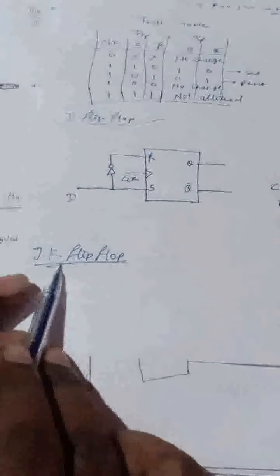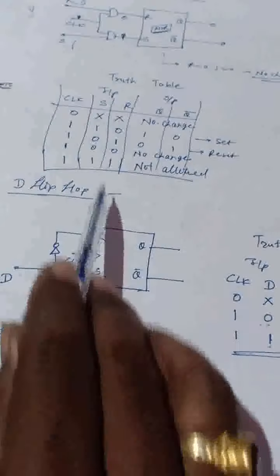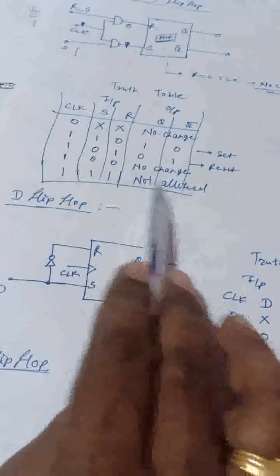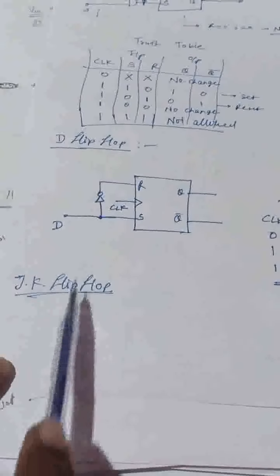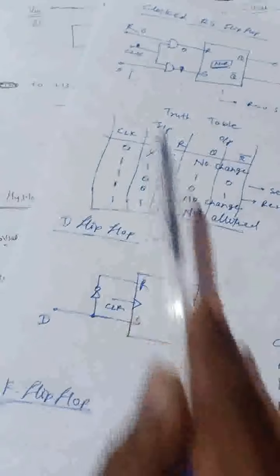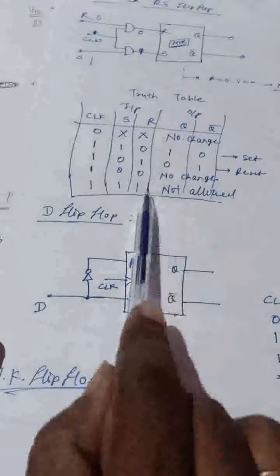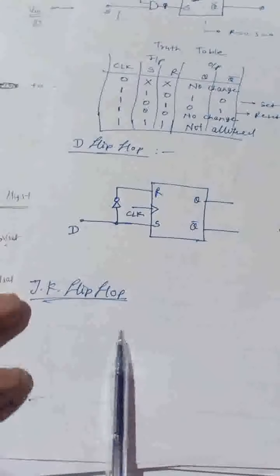JK flip-flop is just like the RS flip-flop, but in the clocked RS flip-flop there is a not allowed condition. This not allowed condition is omitted in the JK flip-flop.